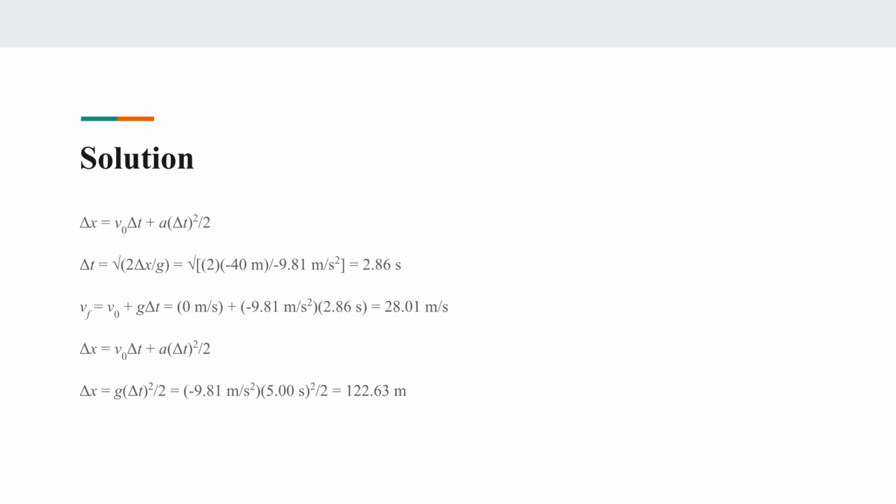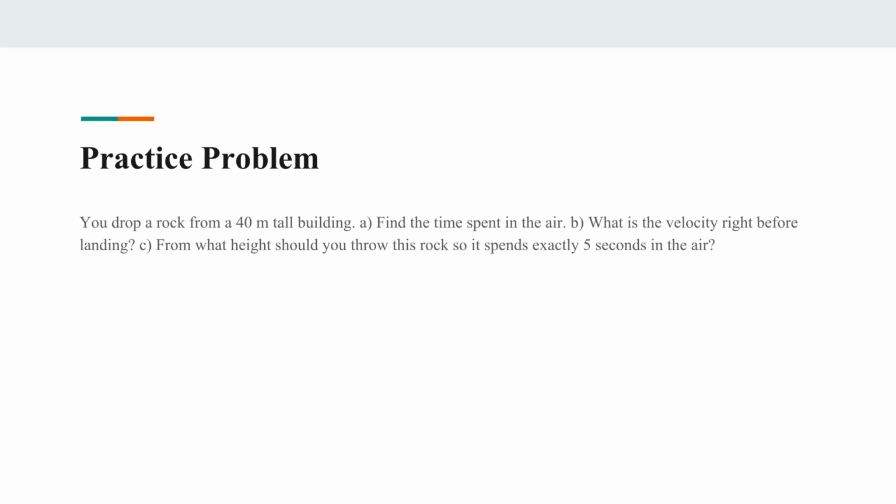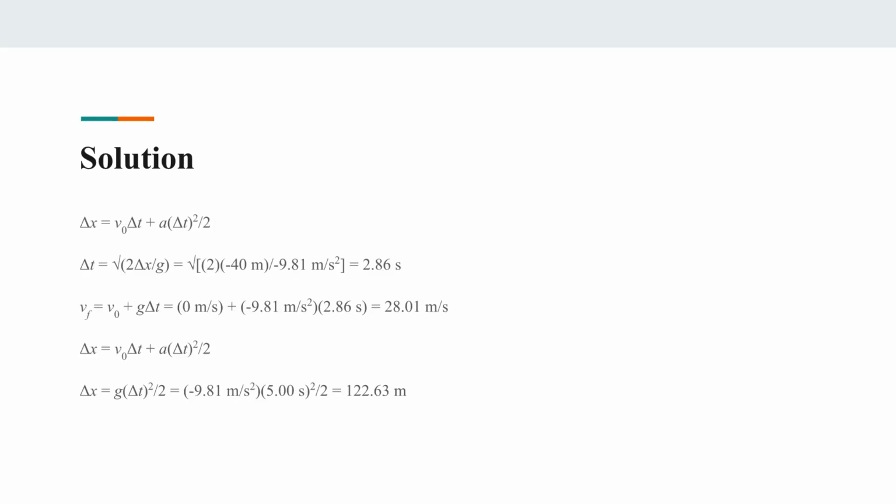Okay, so for part C, from what height should you drop this rock so it spends exactly 5 seconds in the air? So delta x equals v naught delta t plus a t squared over 2, or 1/2 a t squared. V naught is 0.